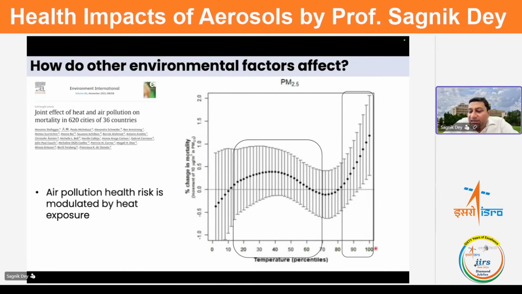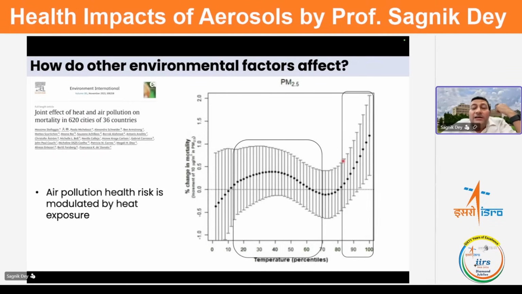And these are the percentile ranges. What that study showed is that if temperature is at the 82nd or 83rd percentile and above, you have the maximum impact of air quality. It clearly tells that temperature can modulate the effect of air pollution and vice versa.